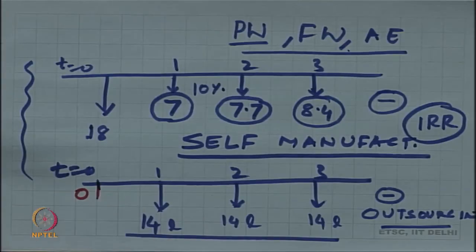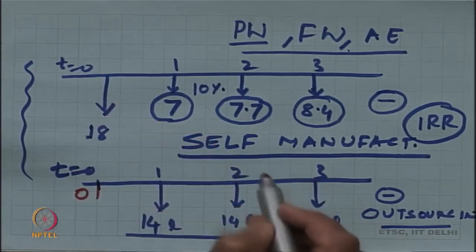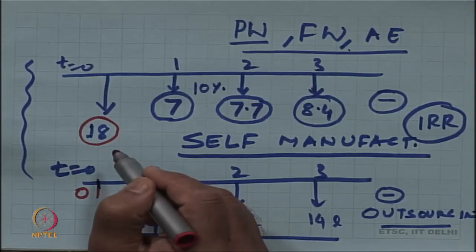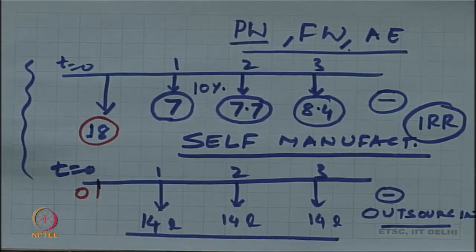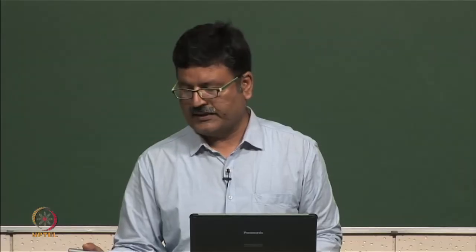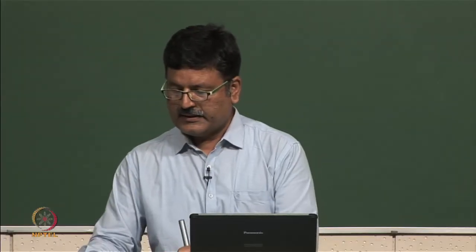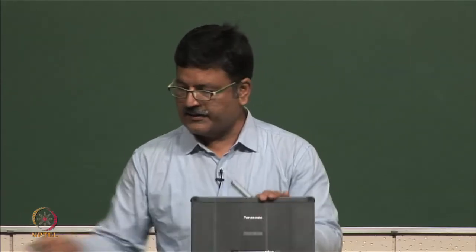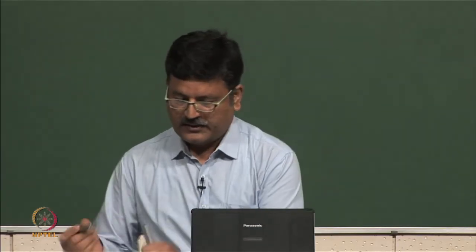So, this is 0 money here, but if you are manufacturing you have to invest 18 lakh. If you are investing 18 lakh at time t is equal to 0, we will see what is the benefit we are getting out of this. So, we can revise this cash flow diagram in a slightly different manner, and we do it like this.